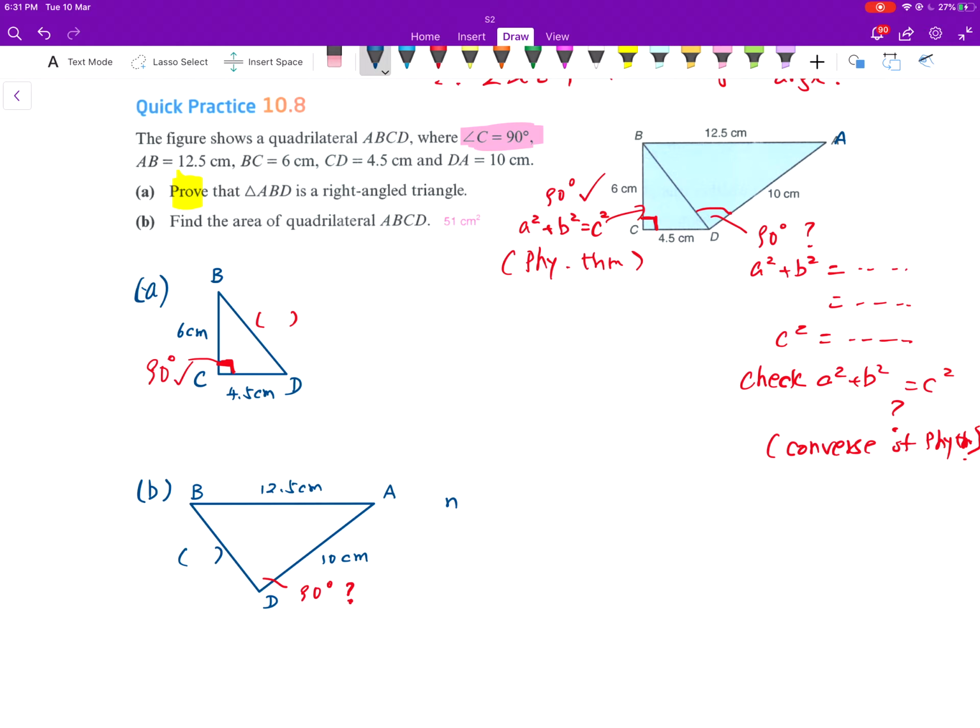In triangle BCD, apply the Pythagoras theorem. BD squared equals BC squared plus CD squared. Sorry for making a mistake here.